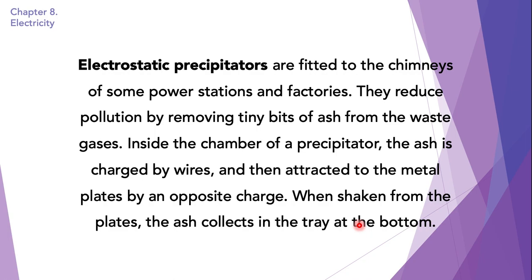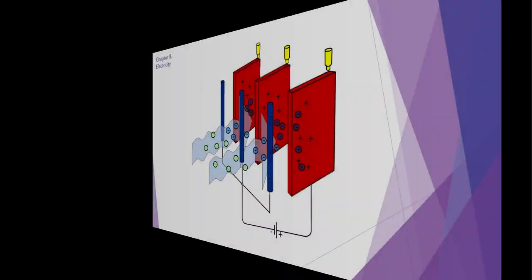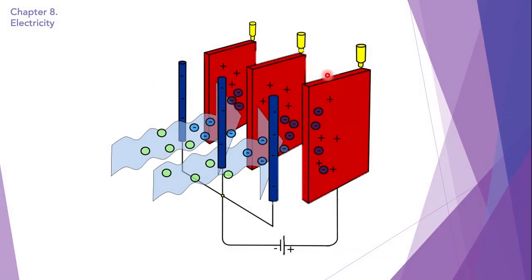So this is how an electrostatic precipitator is used. It simply charges the ash particles by wires, which are then attracted to the metal plates by an opposite charge. Then the ash which is attracted to the metal plates, when they are shaken, gets collected in a tray at the bottom. So the gases pass through the chimneys and these wires charge the ash in the waste gases.